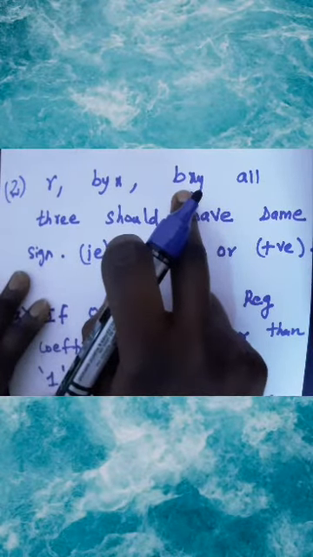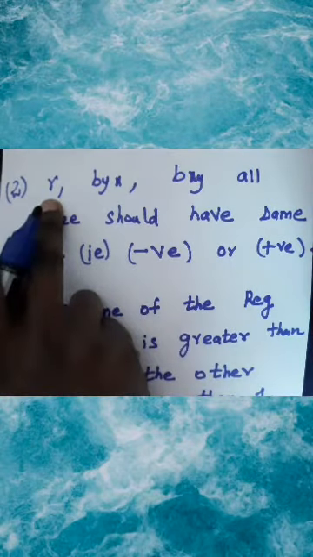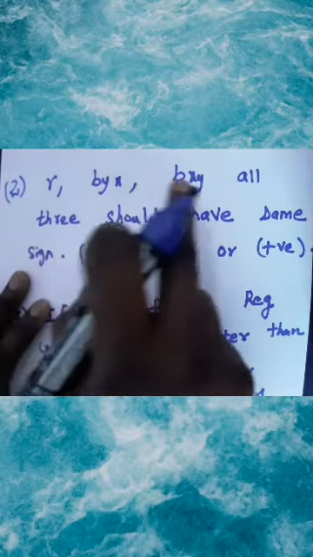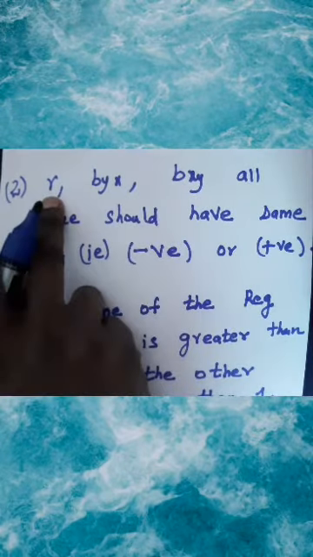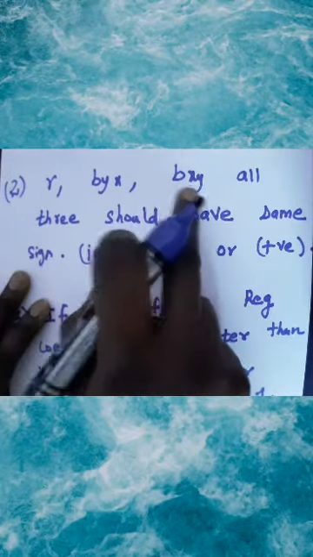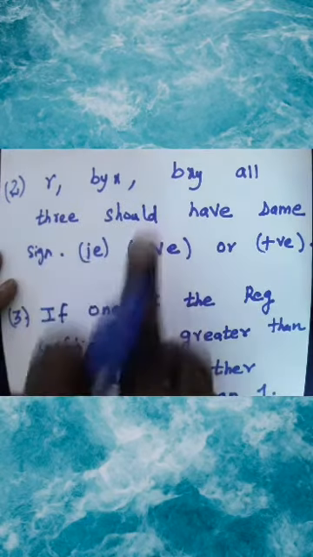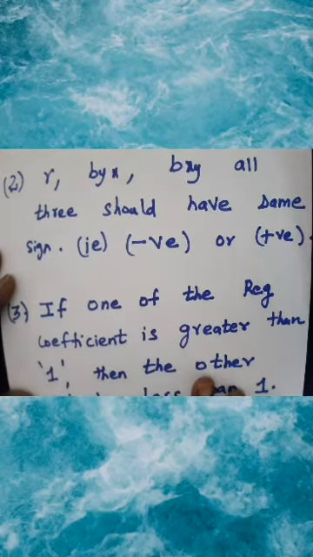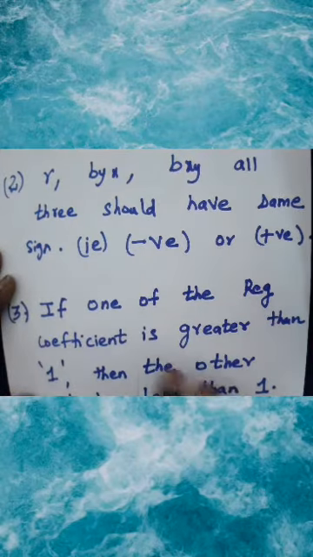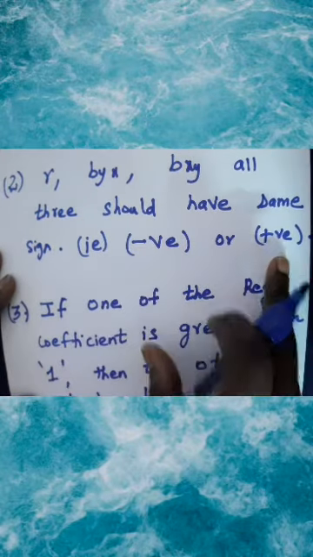I'll repeat once again: if r is positive, both should be positive; if r is negative, both regression coefficients should be negative. In general, all three should have the same sign.